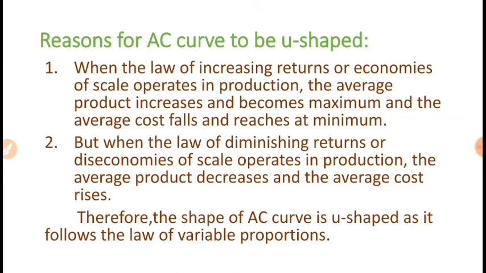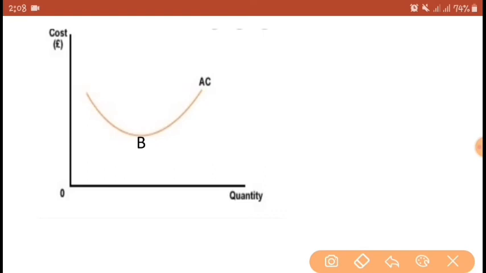So the reasons for AC curve to be U-shaped are: when the law of increasing returns or economies of scale operates in production, the average product increases and becomes maximum, and the average cost falls and reaches its minimum. Here, as the output increases, the average cost falls because the law of increasing return operates in production.